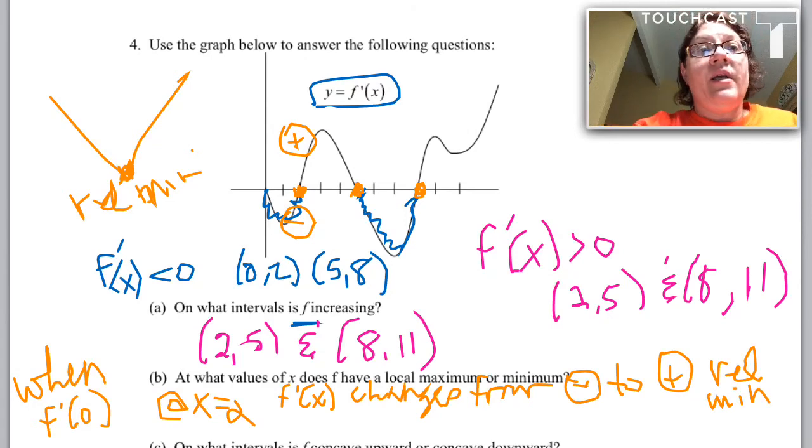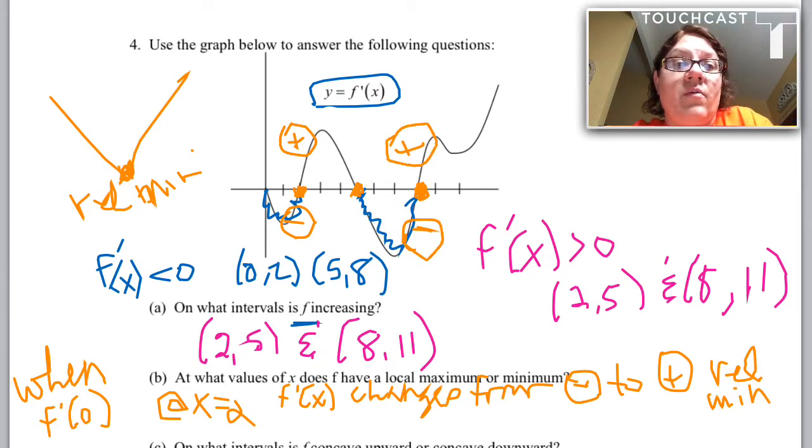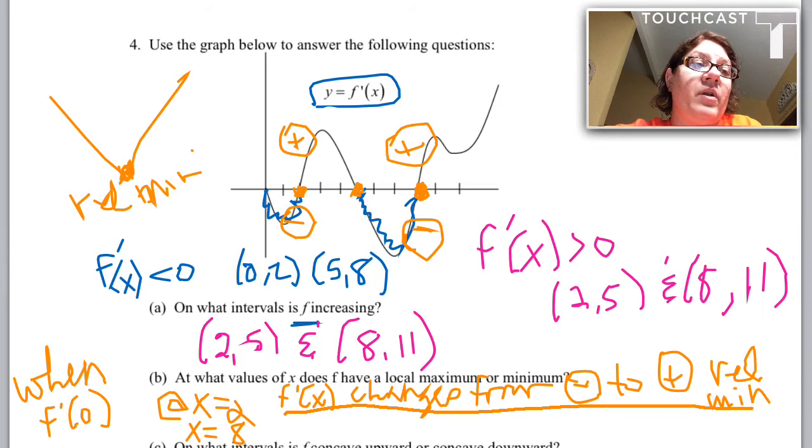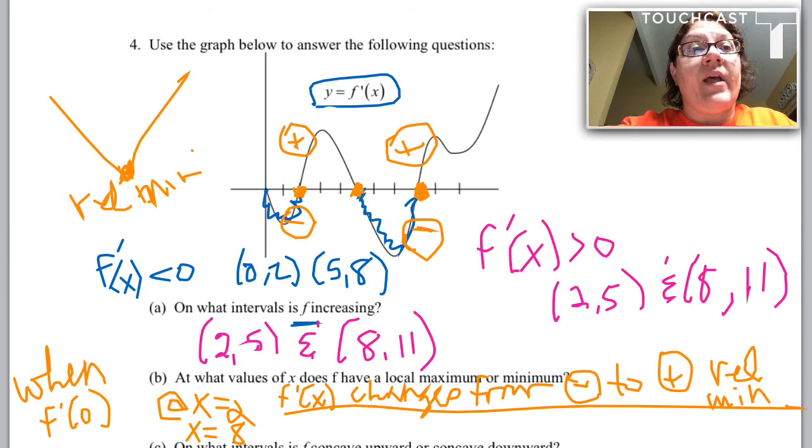Now while I'm at it, is there any other place where I'm switching from a negative to a positive with these yellow or orange dots? Well, sure. At x equals 8, it was negative on the left and positive on the right. So at x equals 8, I would have the same issue. Changes from a negative to a positive, so it's a relative min. However, at x equals 5, to the left of 5, I'm positive.